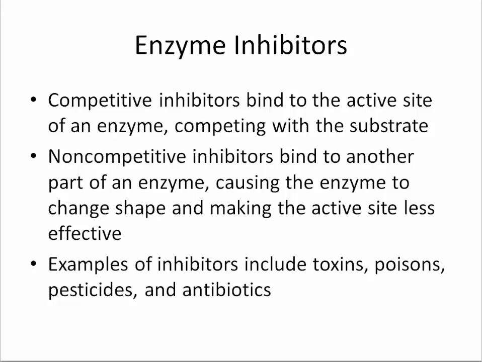These are all inhibitors which will bind to the active site of an enzyme to compete with the substrate. In antibiotics, we would rather want that, because we don't want the parasitic pathogen protein binding with the enzyme. We'd rather have the antibiotic binding there, so we can get rid of the pathogen.